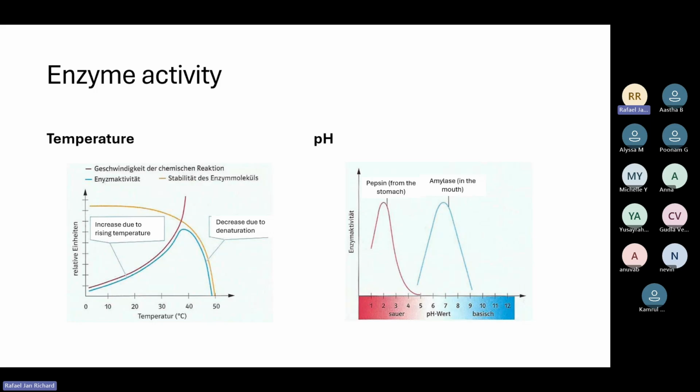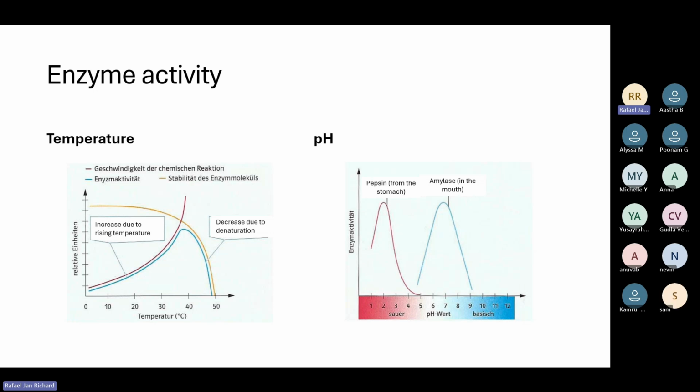Also, another influencing factor is how acidic the environment in which the enzyme functions is. Here, the red curve is pepsin, which is an enzyme present in the stomach.